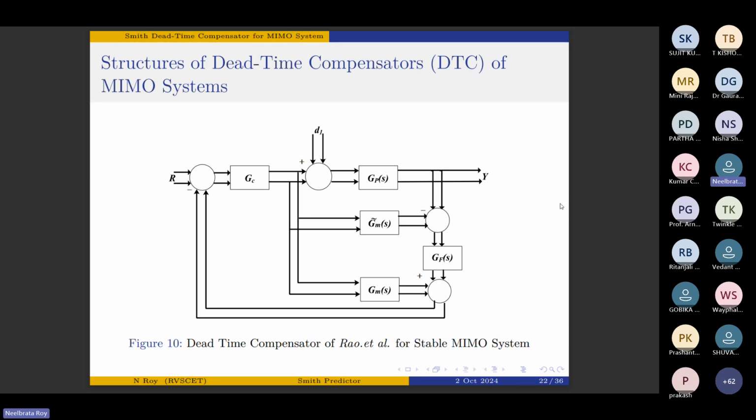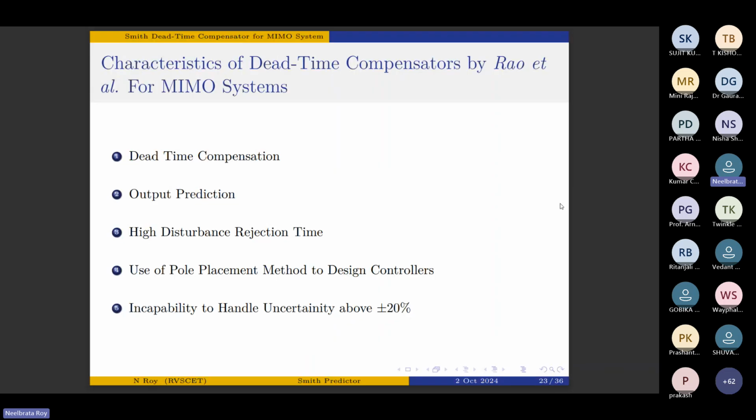Now, if Gp is equal to G11 e to the power of minus theta 11 s, G22 e to the power of minus theta 22 s, then Gm will be G11, G22, G33 like this. This model will not have any kind of delay within it. In such a case, the first two properties get satisfied, that is dead time compensation and output prediction.